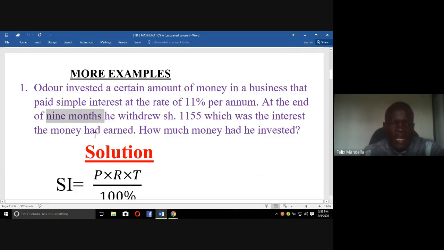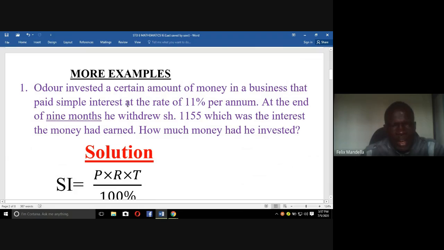Remember I told you when the rates are per annum, and sometimes you are given time in months, you should be very careful. And they are saying at the end of 9 months, he withdrew 1,155 shillings, which was the interest the money had earned.